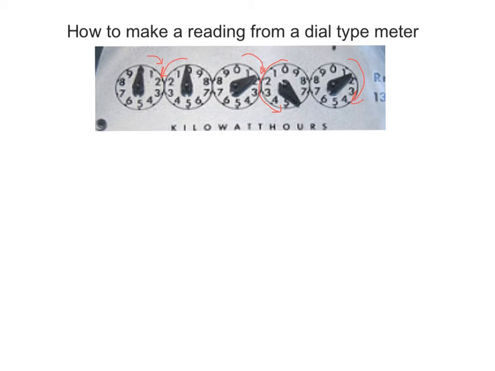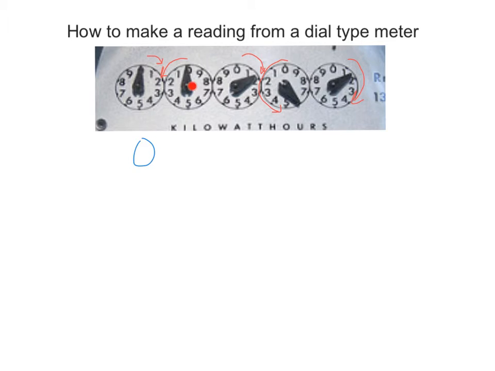Okay, so let's go ahead and look at how to read this meter. Notice, again, in this one right here, I'm going to start on the left-hand side and read over. Basically, I notice here that this is at the 0. It hasn't reached the 1 yet. So the first digit is actually a 0.